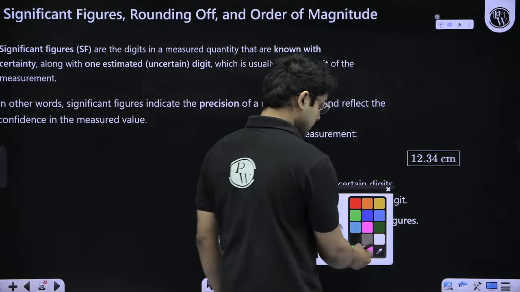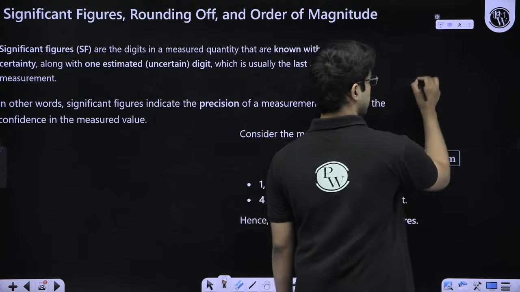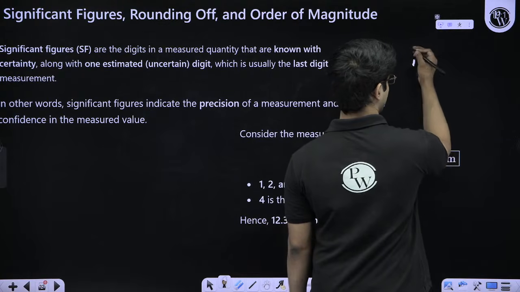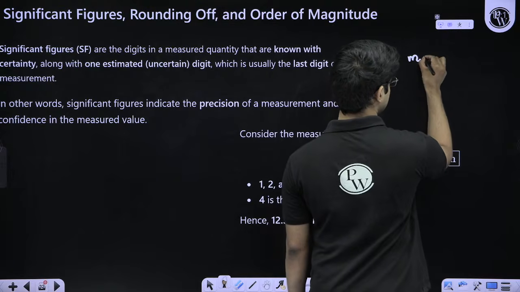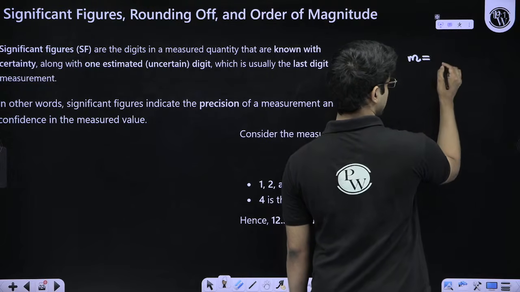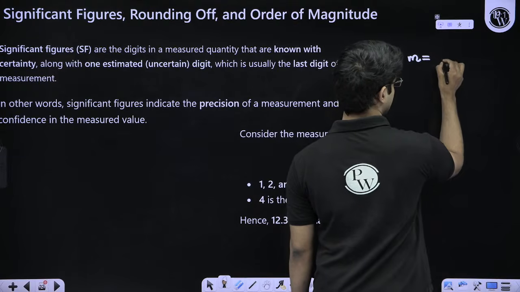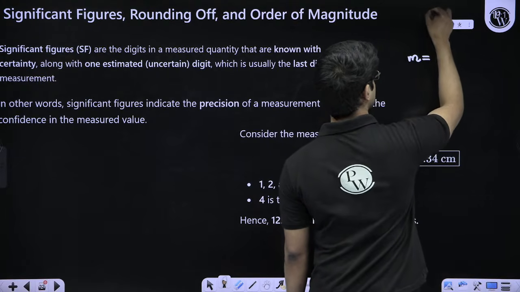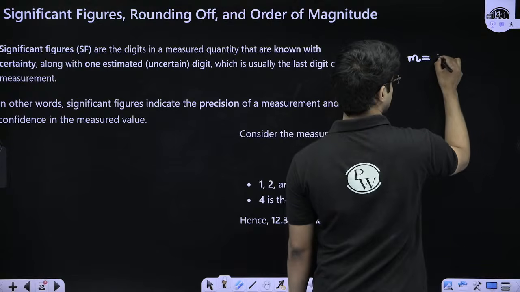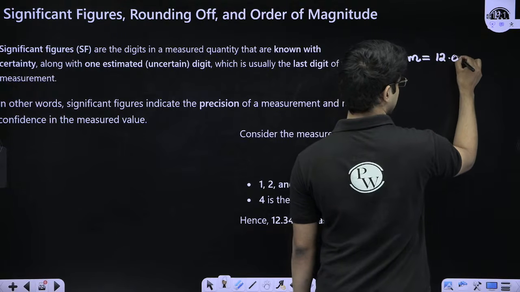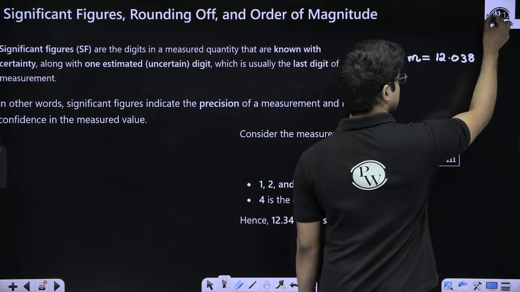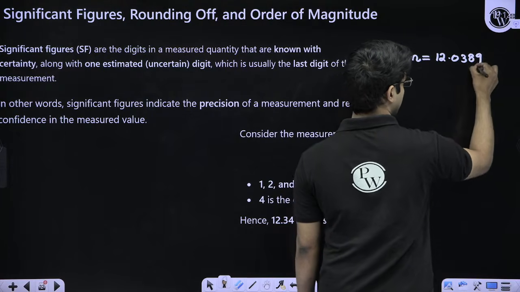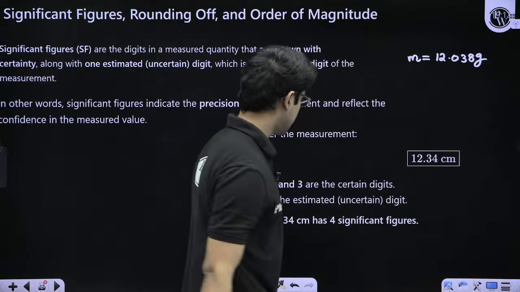What this means is, let's say we measured the mass of an object, and by the instrument it came out to be 12.038 grams. This is what we got for the mass.